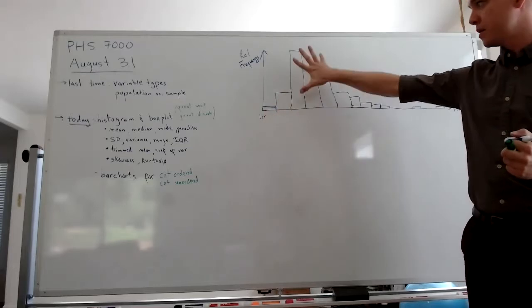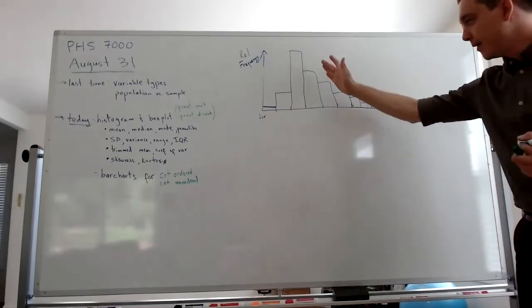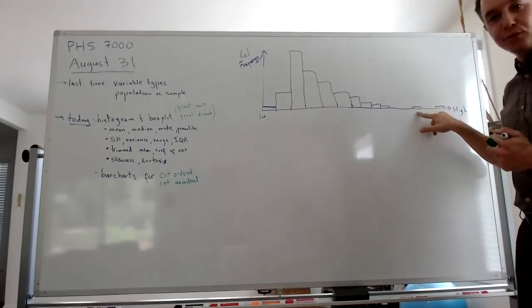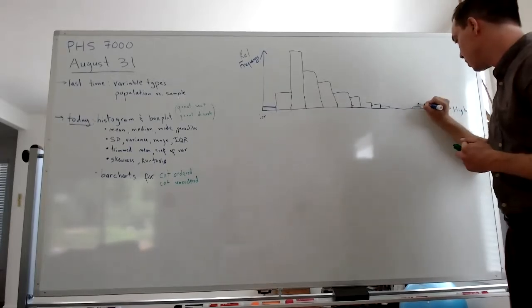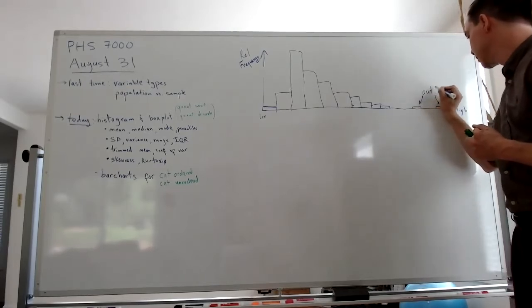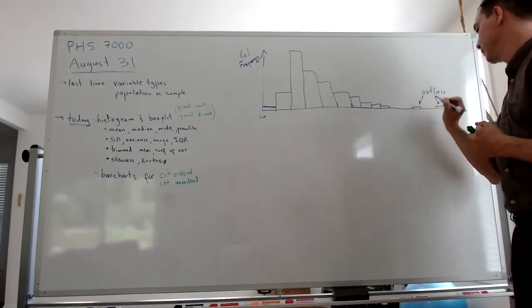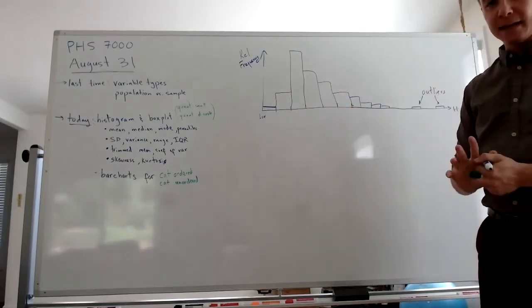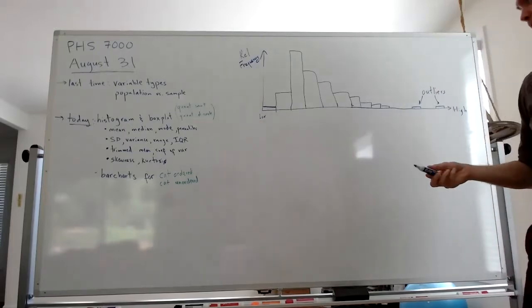Okay, we have low values, bulk of the distribution, a nice long tail on the right-hand side, and then we have these two outlying values. So I'm going to call these what they are. These are outliers. Right-hand side tail, left-hand side tail, middle of the distribution.